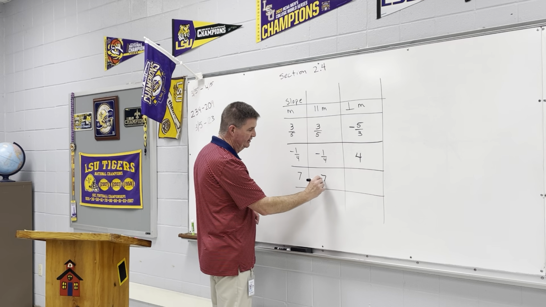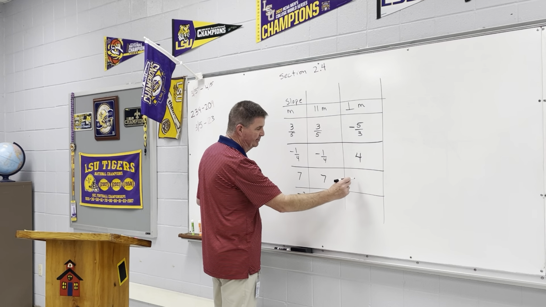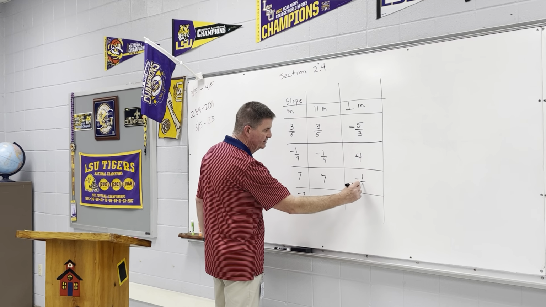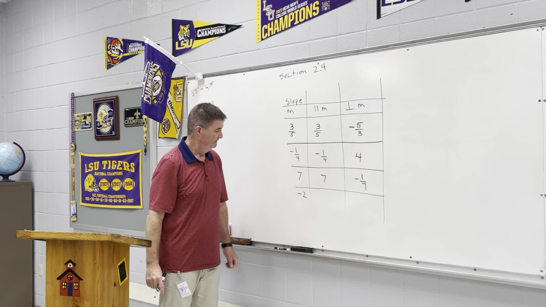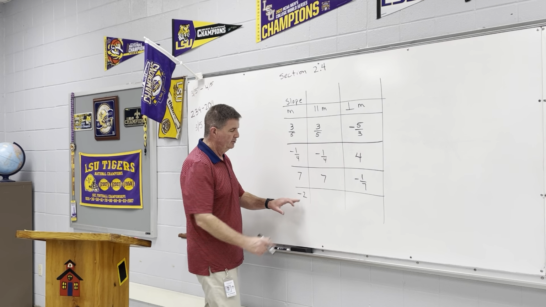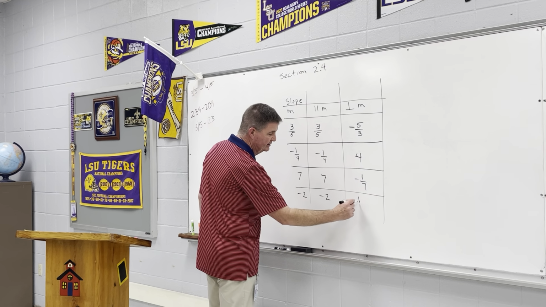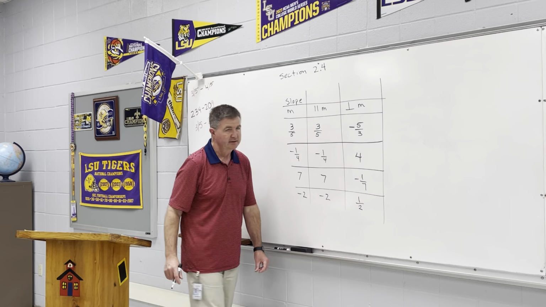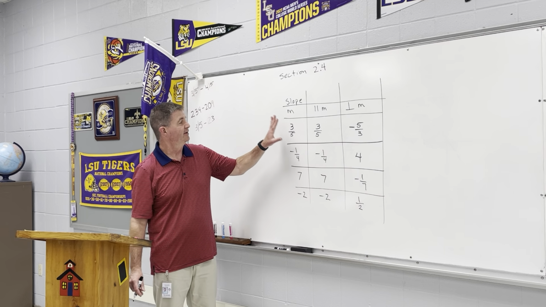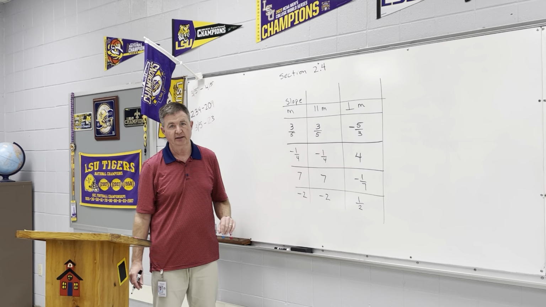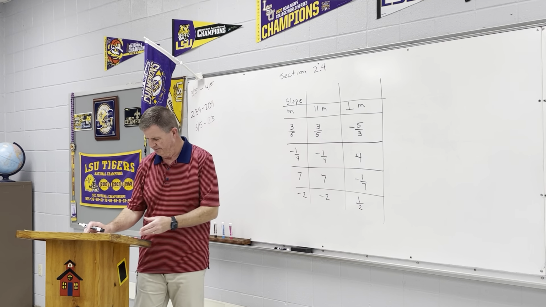Parallel, 7. Perpendicular, opposite reciprocals, -1/7. -2, parallel would be -2. Perpendicular would be +1/2. Again, just showing you the differences between lines that are parallel and lines that are perpendicular.